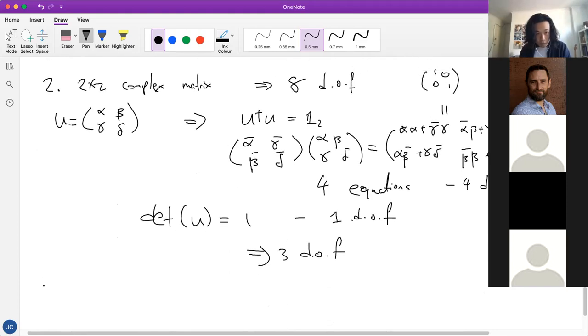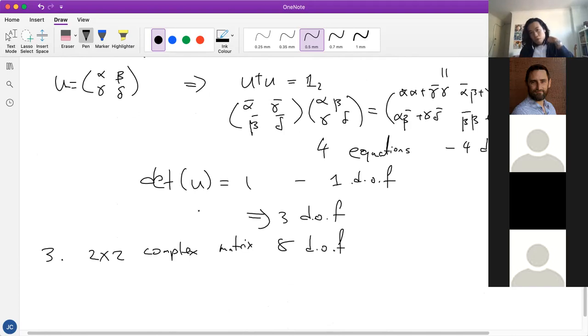So for part 3, we're looking at a 2x2 Hermitian matrix, which again is a complex matrix. So each entry is allowed to be a complex number. So we again start off with 8 degrees of freedom. But now the requirements are a bit different.